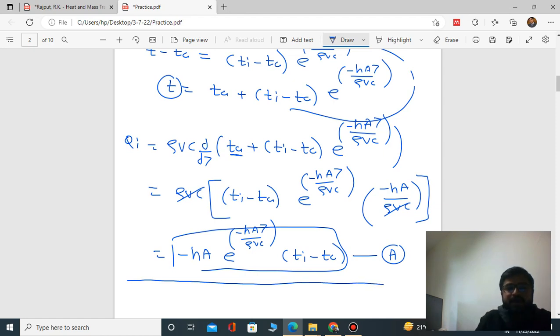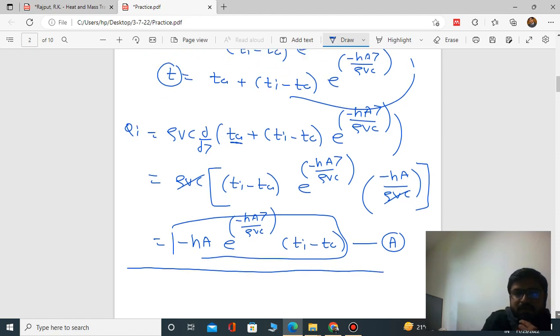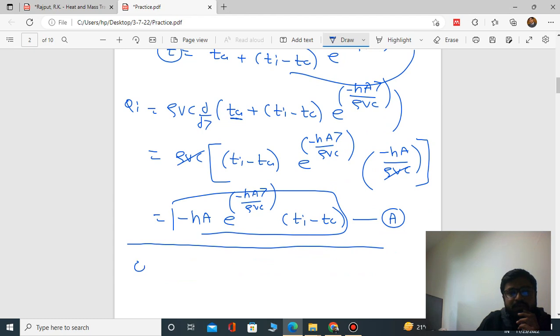Now we will find out total heat transfer. So in total heat transfer what you will have to do? Q is equal to integral from 0 to tau of Qi d tau. Clear? So here just you will have to write equation of Qi here.